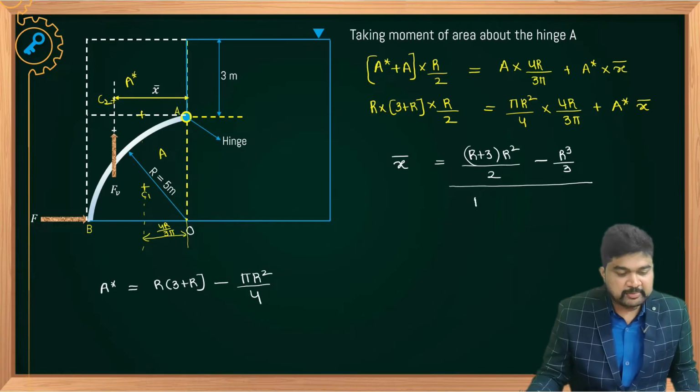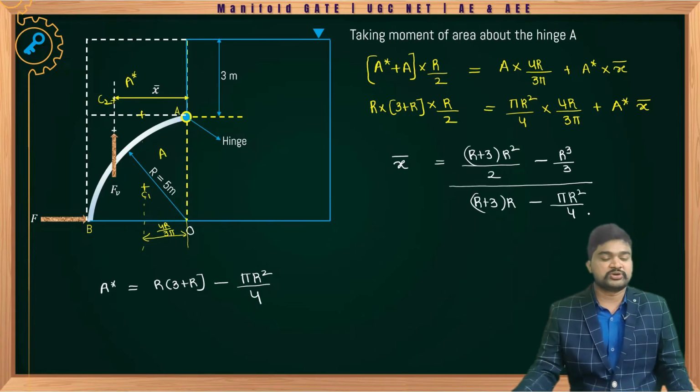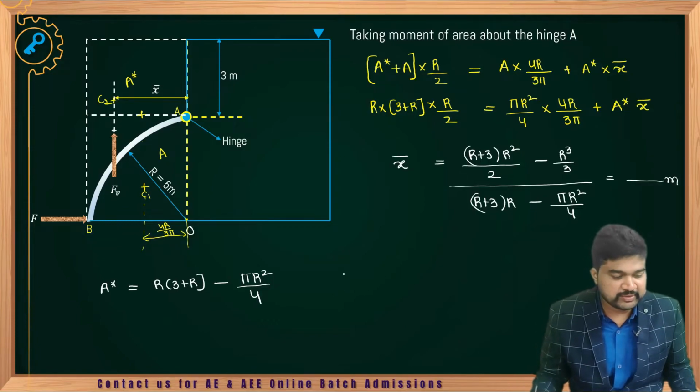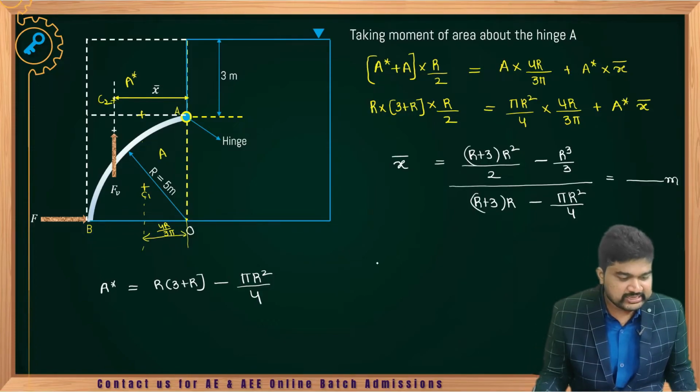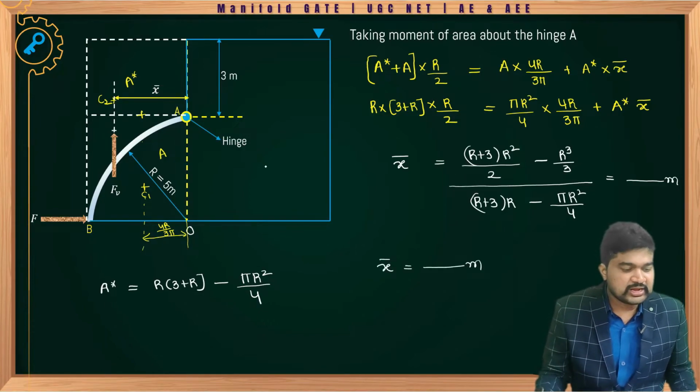So here, r plus 3 into r minus pi times r square by 4. Once you substitute r here, you will get x bar in terms of meter. What is x bar in terms of meter? Here r equals 5 meter.